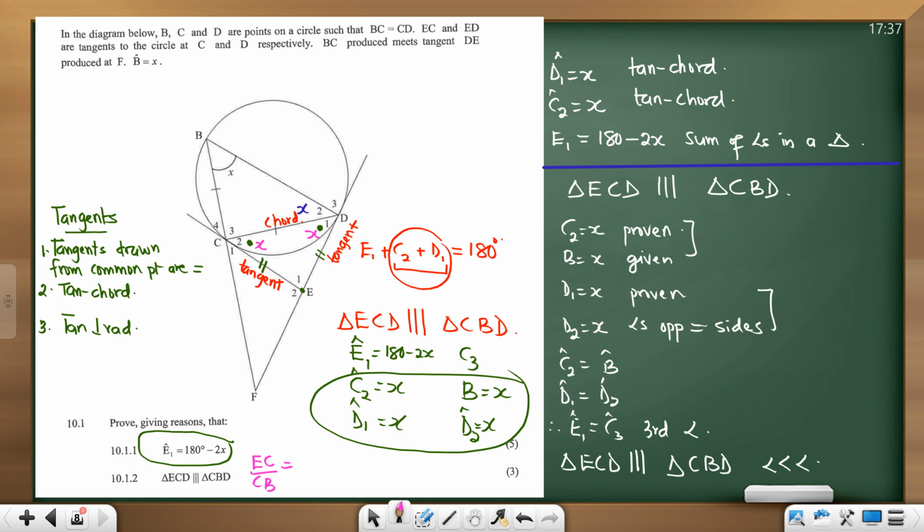CD over ED. ED over CD. Guys, be very careful of the lines that are equal here. They're going to play a lot of tricks on us. I see too many lines that are equal and it might create a problem.